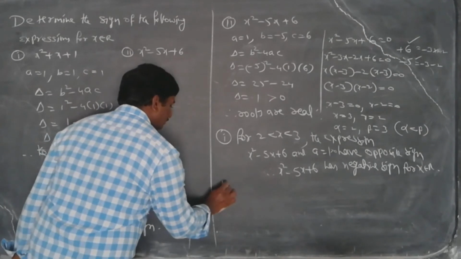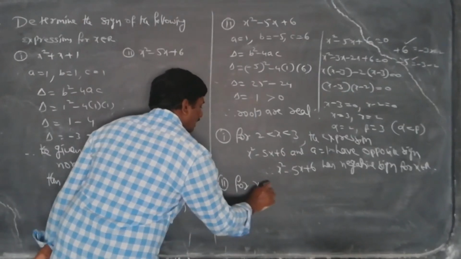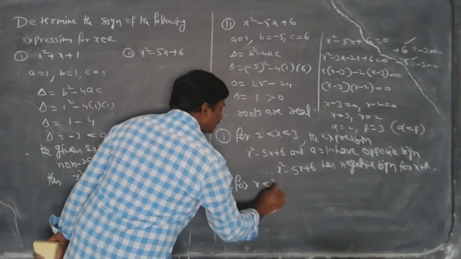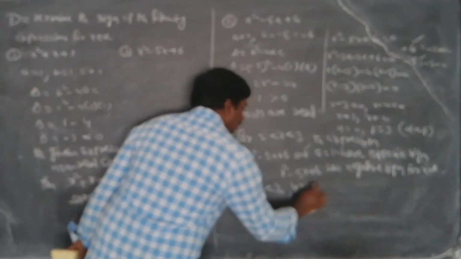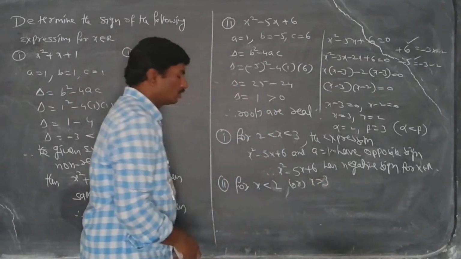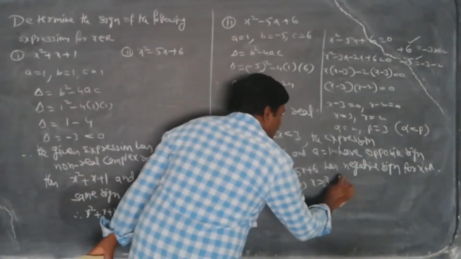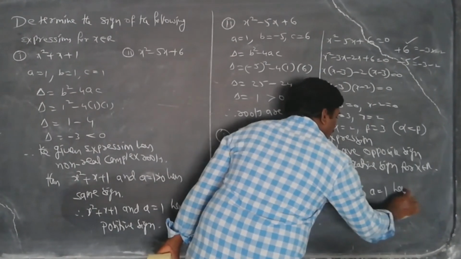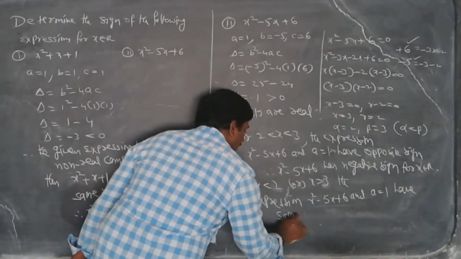Right? Now the second condition. For x less than alpha, where I have taken alpha as 2, so x less than alpha means x less than 2, or x greater than beta, where beta means 3. So for x less than 2 or x greater than 3, what can we say? The expression x square minus 5x plus 6 and the coefficient of x square, a equal to 1, have the same sign.